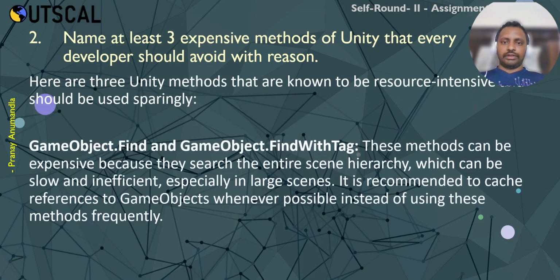Another method in Unity, it is not expensive by itself, but it can become expensive: Update and FixedUpdate. Update will be called for each and every frame of execution. And FixedUpdate will be called at regular intervals.